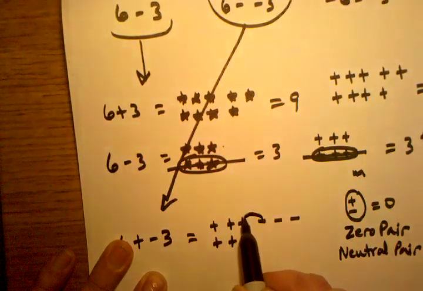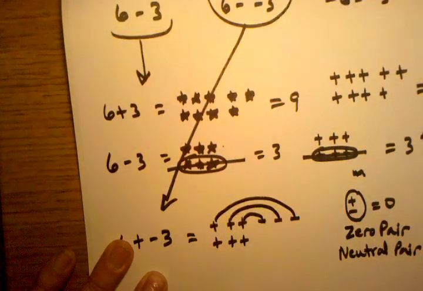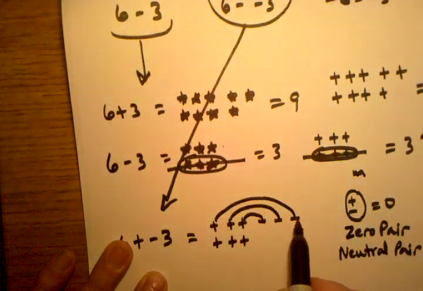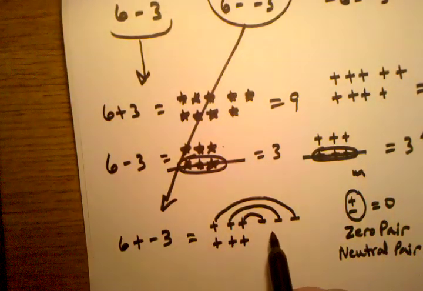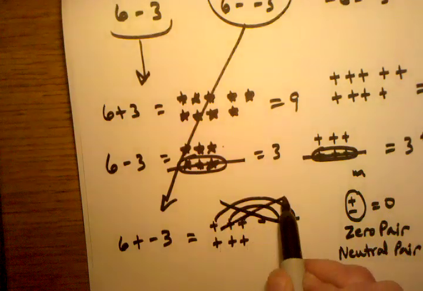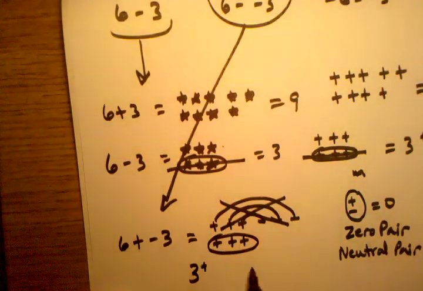If we start combining a negative sign with a positive sign, we've created 3 different zero pairs. Since these are all equal to 0, and adding or subtracting 0 doesn't change the value of your problem, we can just cancel all that out. What we're left with is 3 positive signs, which is the same thing as 3.